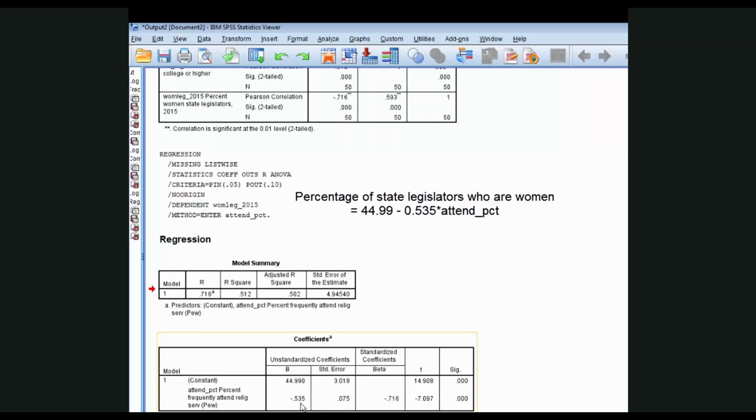You can think in other units, though. For every 1 percentage point increase in frequent attenders, the percentage of female legislators declines by 0.5%. For every 10-point increase in frequent attenders, the percentage of female legislators would decline by a little bit over 5 points. So we have a very precise model of the relationship here.